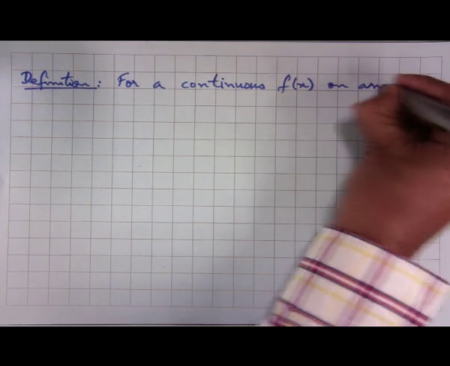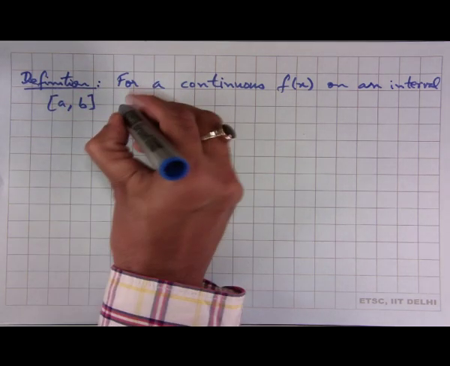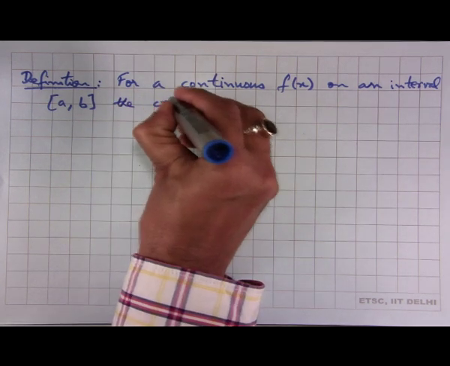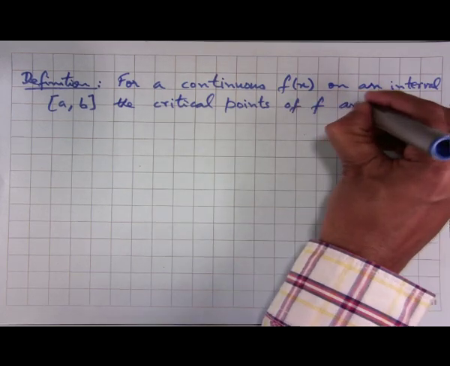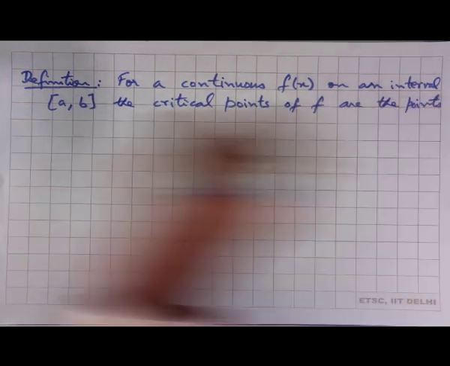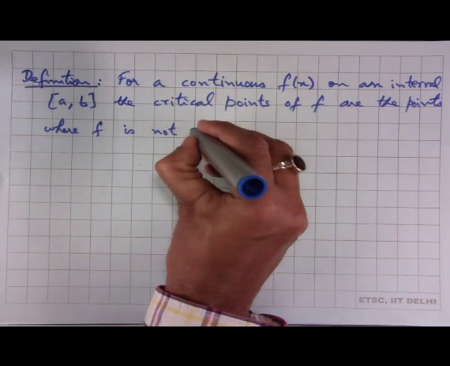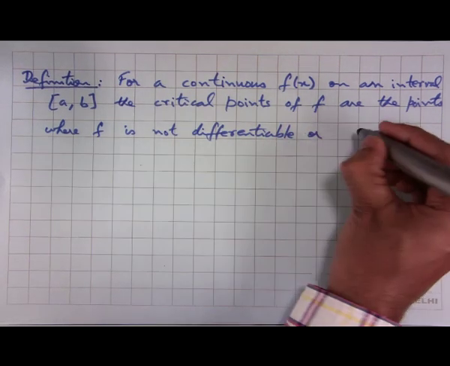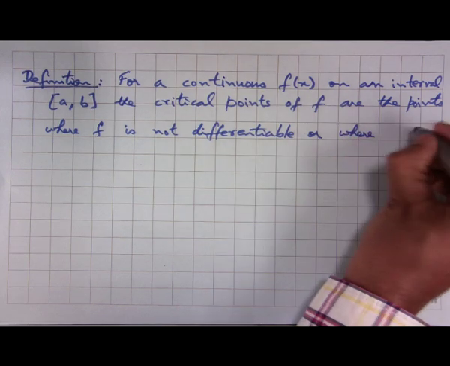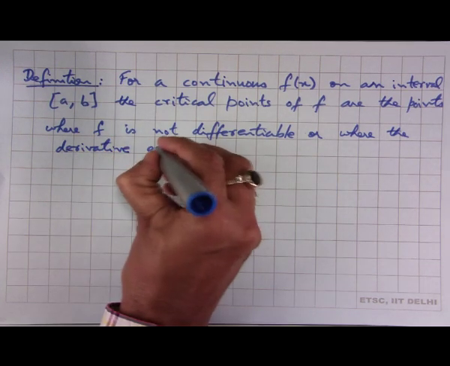For a continuous function f of x on an interval a b, the critical points of f are the points where f is not differentiable or where the derivative equals 0.